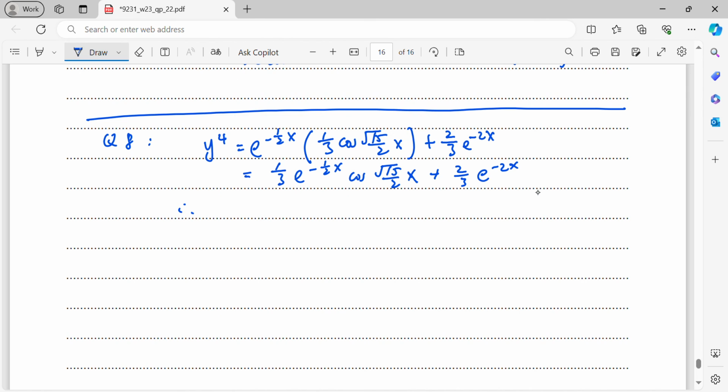So at last, when we need to get y as the subject, this is y to the power 4. Since the power 4 is even, when you eliminate the even power by moving it to the other side, it should be plus minus. So here plus minus, all these terms to the power of 1 over 4. So this is your final answer for question 8.